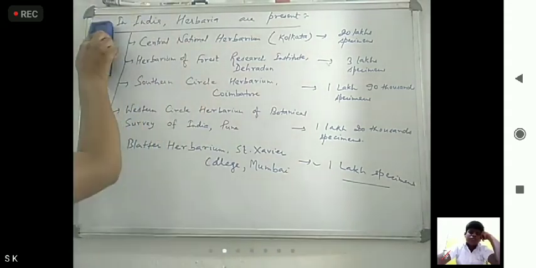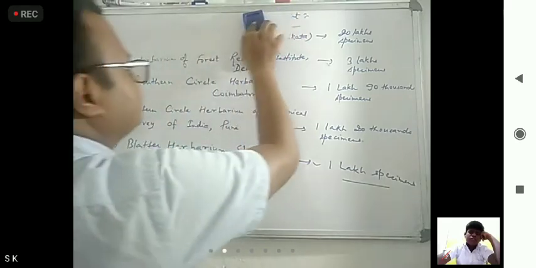Now the next taxonomical aid is the botanical garden.